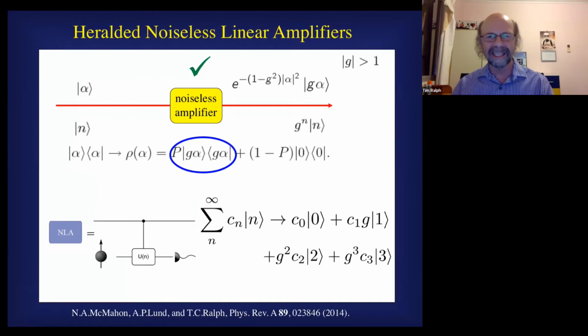Ideally, what you would like is to be able to just faithfully amplify all the Fock states up to some particular cutoff. But up until now, the only way known to do that was via a highly nonlinear interaction, and so not practical.